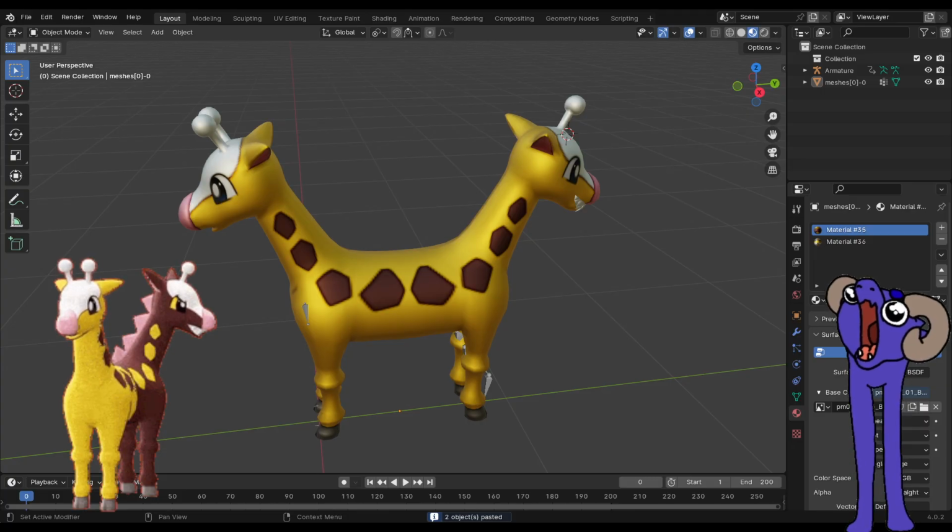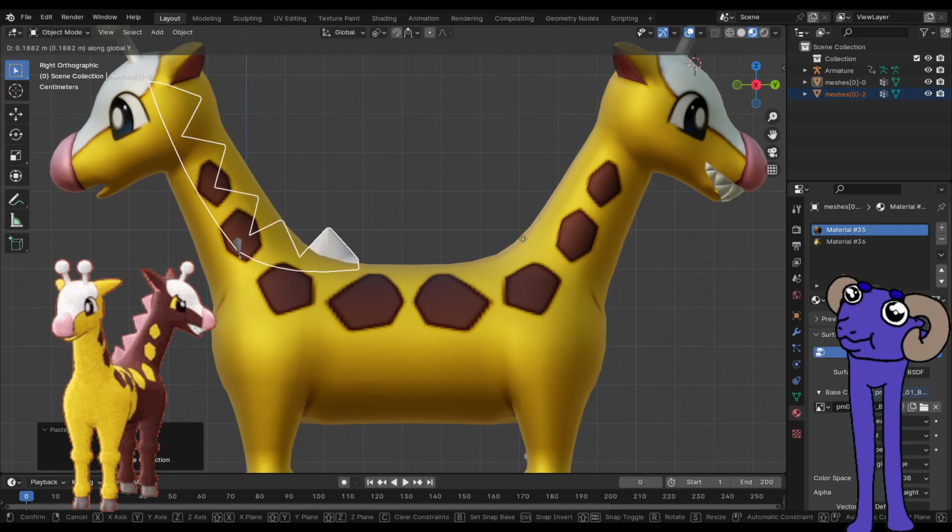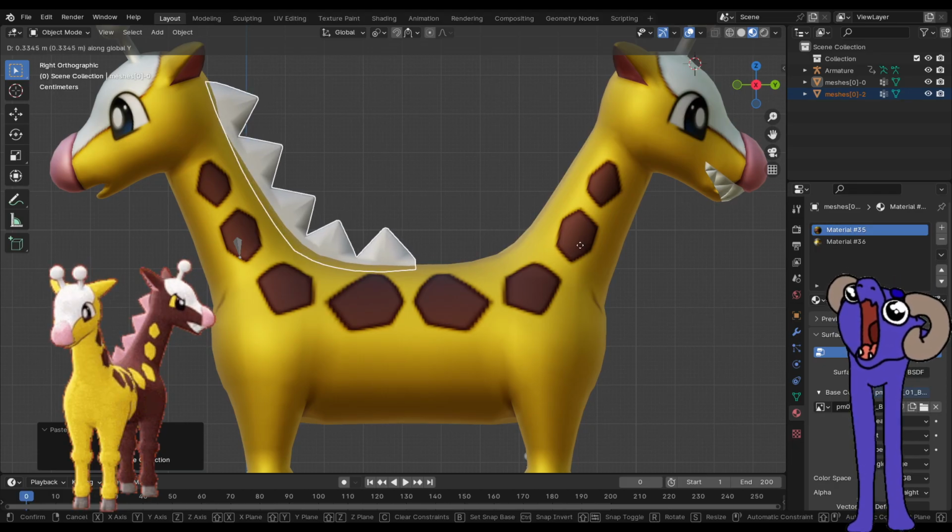Why do you still have an armature? The armature is gone. You don't have an armature modifier anymore. There we go. A little bit of fiddling, but it's done.